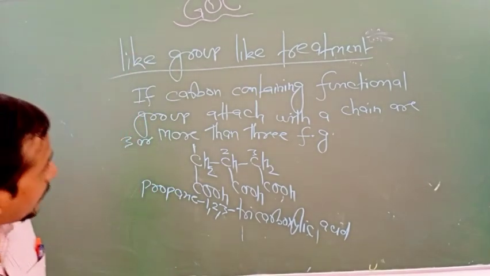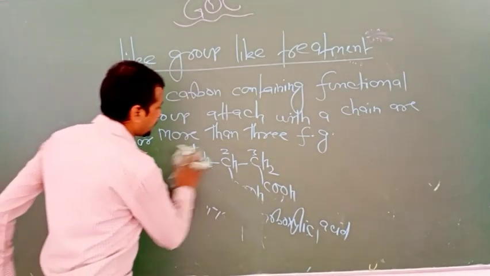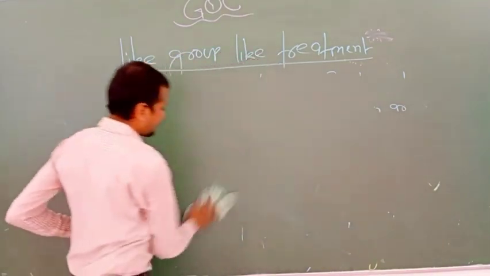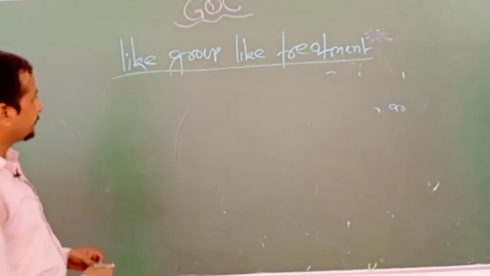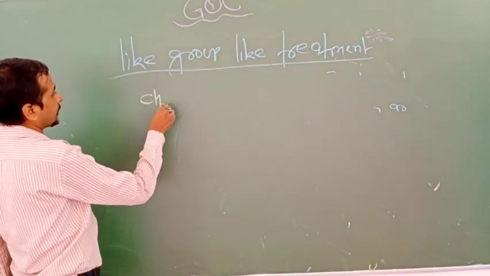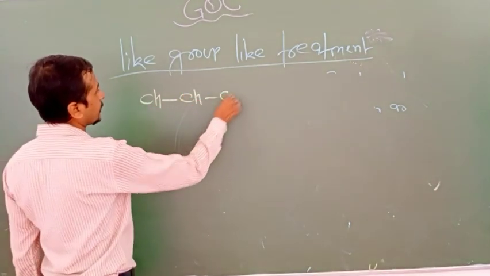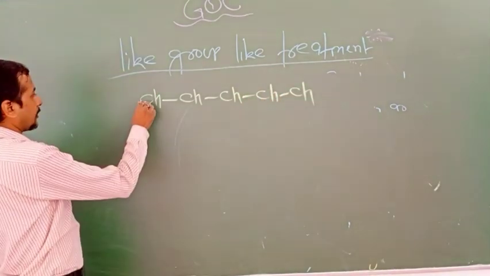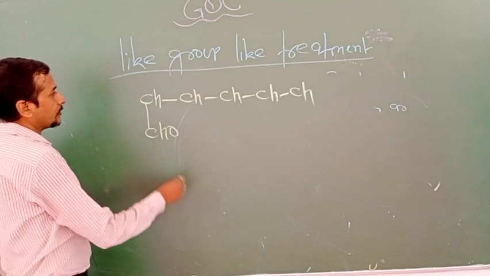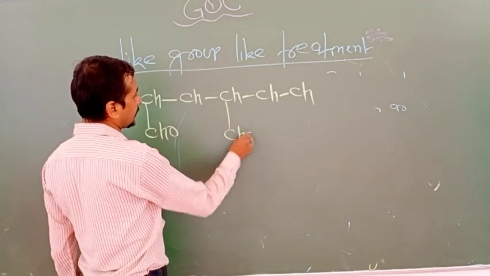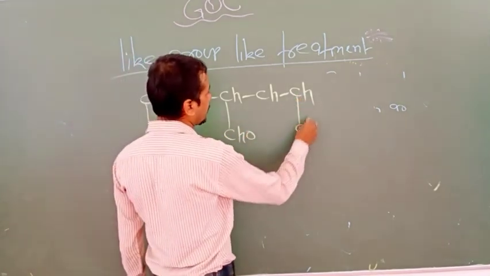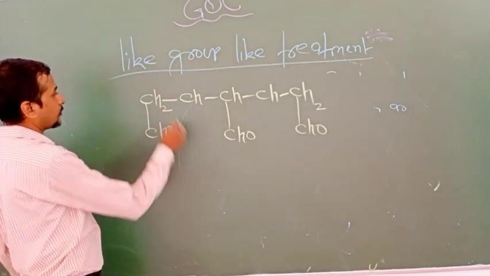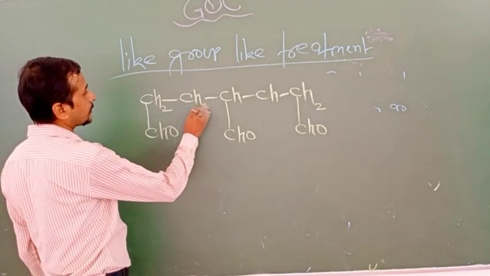Now look at one more example to understand the concept. Look at here. CH, CH, CH, CH, CH. Now this CH is attached with CHO, is also attached with CHO, and is also attached with CHO. Now balance the hydrogens like this.